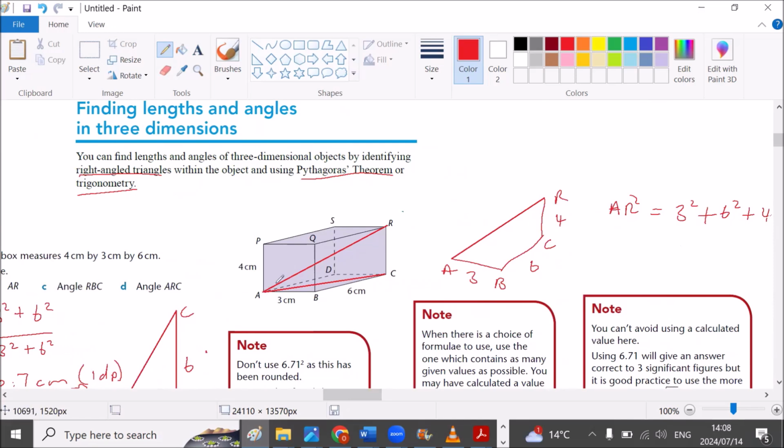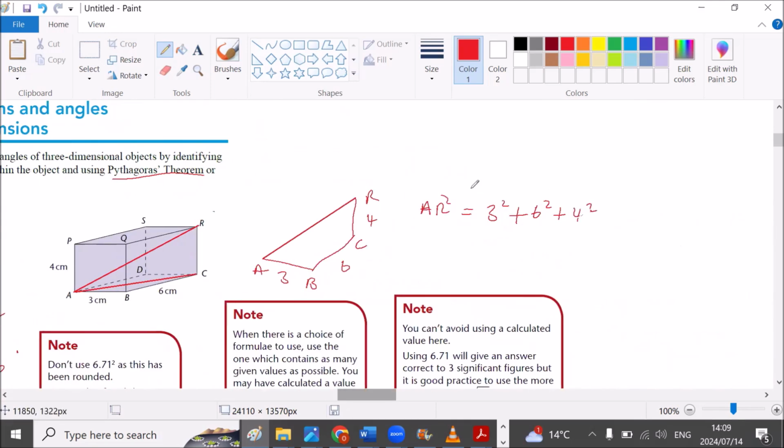This long diagonal from this corner to that corner, we consider the length, width, and height. And we can use this formula, which is similar to Pythagoras theorem. Then our AR will be equal to the square root of 3 squared plus 6 squared plus 4 squared.